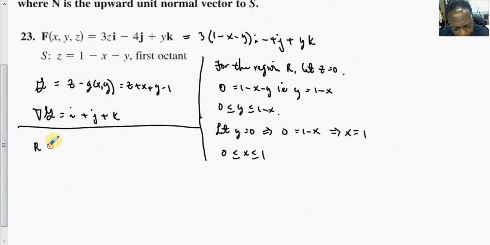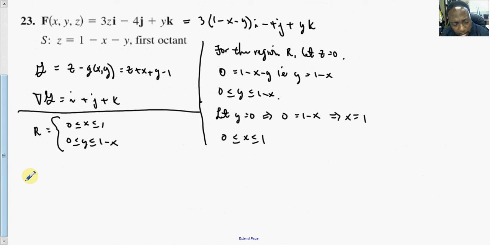So our region is 0 less than or equal to X less than or equal to 1, then 0 less than or equal to Y less than or equal to 1 minus X. Here R is restricted to X and Y. So this flux becomes this double integral over R, just keep this as R for now.